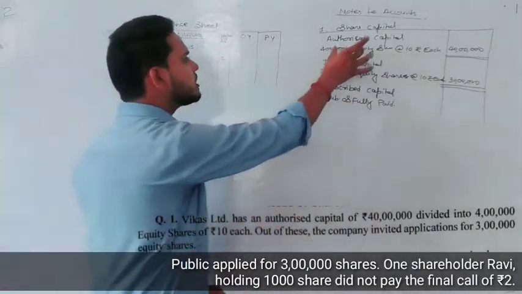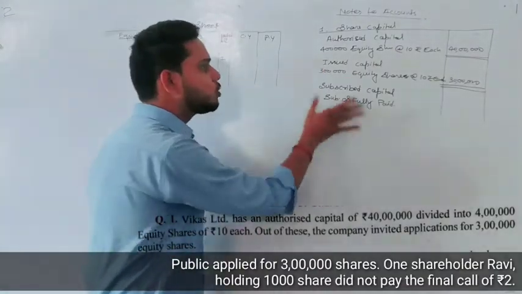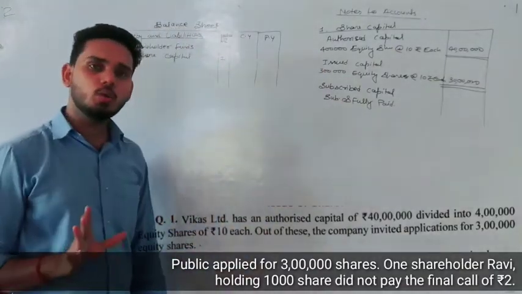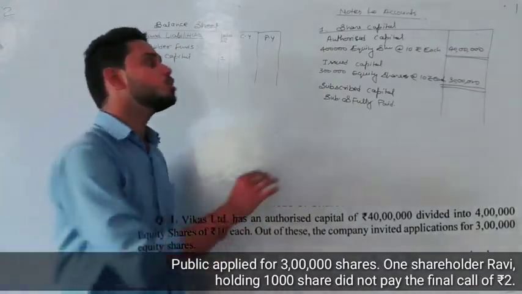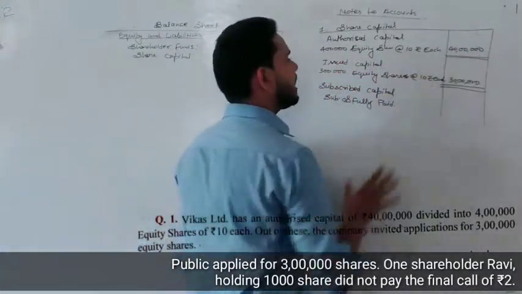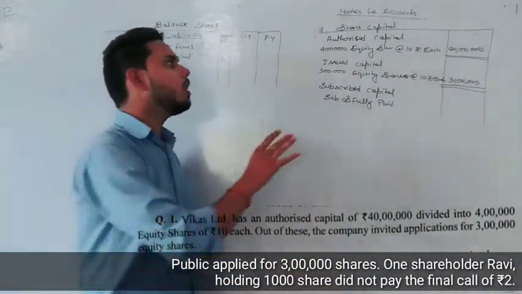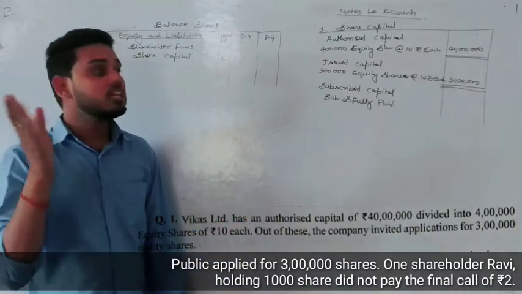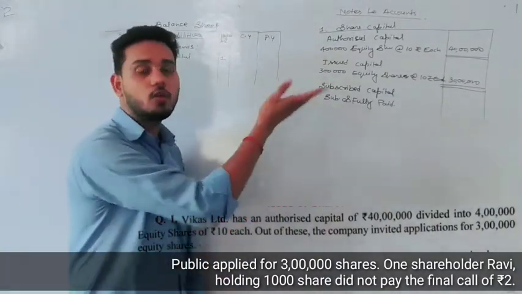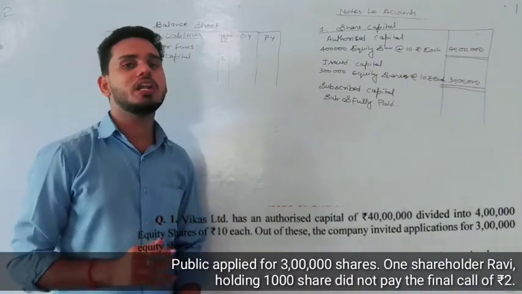Because these are mere information, they have nothing to do with the actual capital. So all you have to do is write whatever authorized and issued capital is given in the question, put a double line, because these will not be totaled. Whatever portion will change, that will change from subscribed capital. So let's see in our case 2 what the change is.